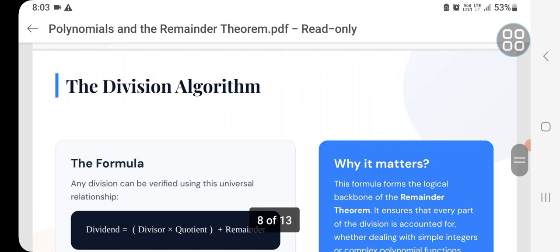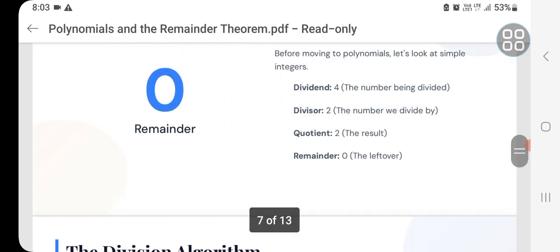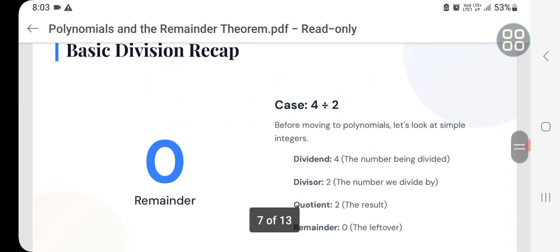Just the recap part itself. Division algorithm. So what is the division algorithm? Before we enter into the remainder theorem, two things we have to know. The first is the one slide I already showed you, right? The basic division recap. So you have to know the name of 4 and the name of 2 here, and what is the quotient and what is the remainder.